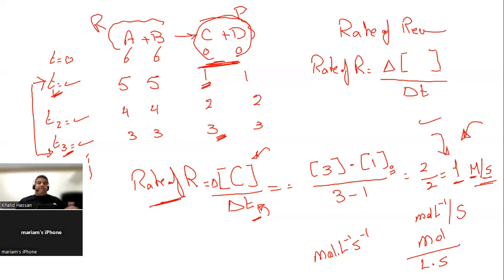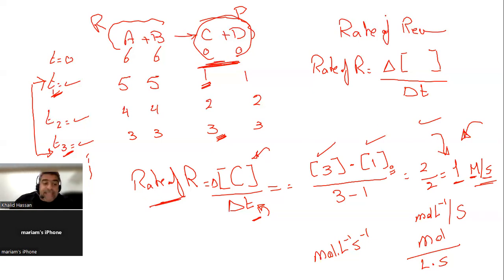Why is it positive? Because the concentration is increasing, so the final concentration will be more than the initial, the start of the time you are measuring. So it will be 3 minus 1 divided by 3 minus 1.